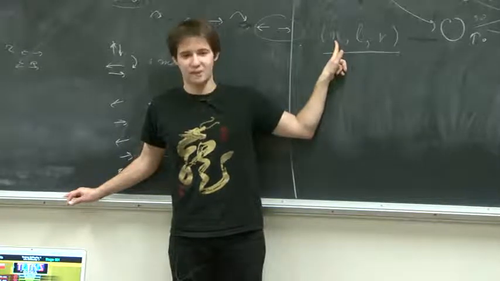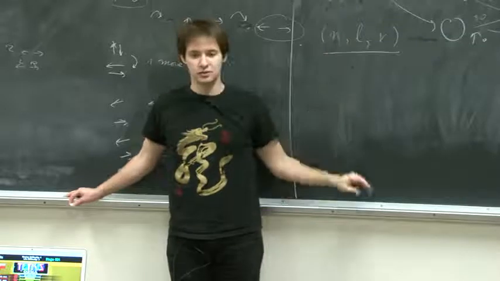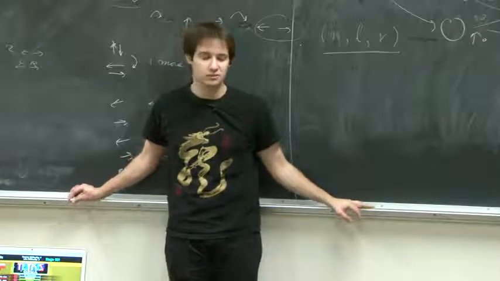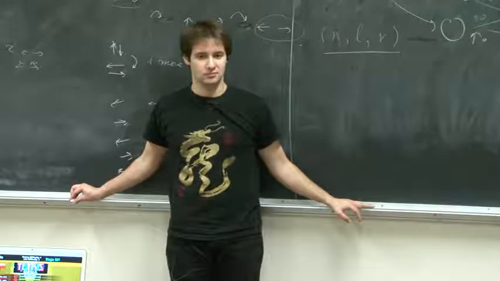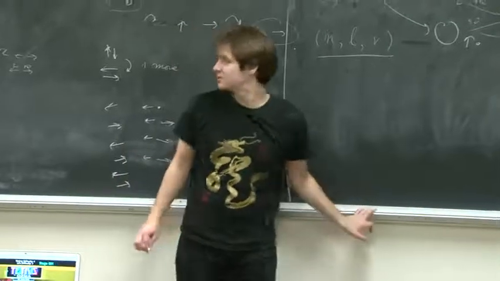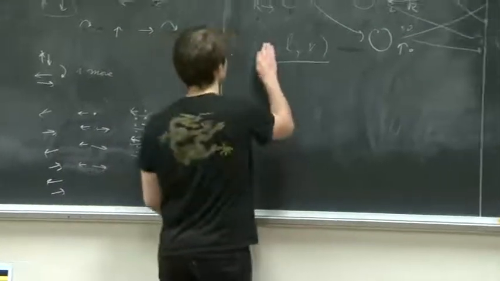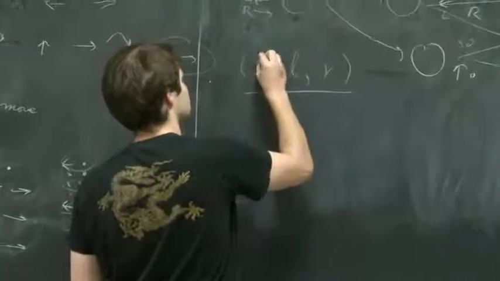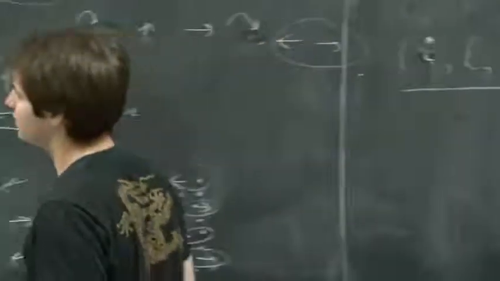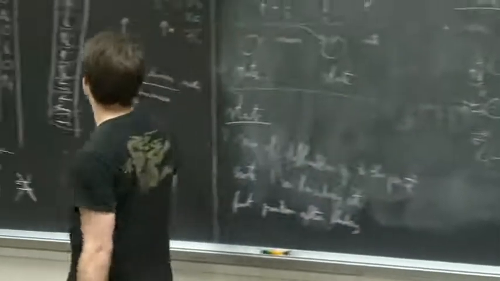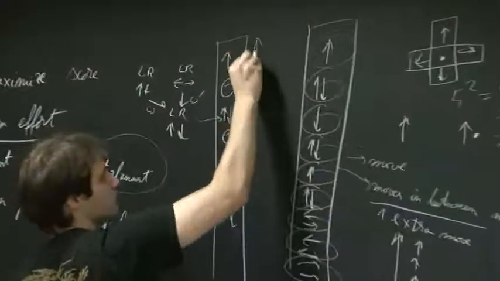If your node is a blank, then there are no constraints. If the node is not a blank, then there are constraints. Maybe n is not good. Let's use I instead. So I is the position here, in this guy.